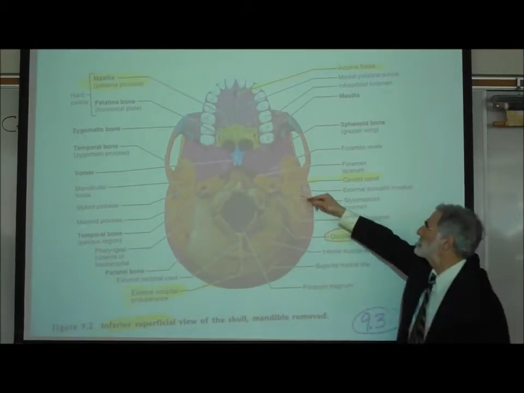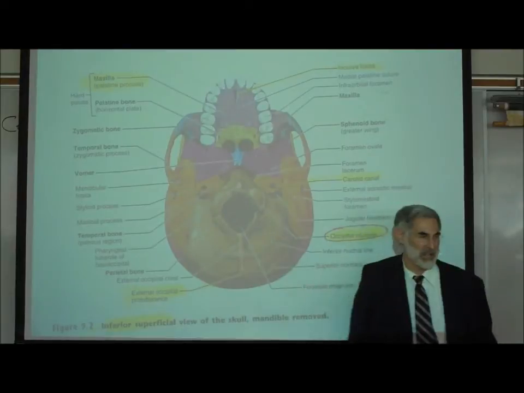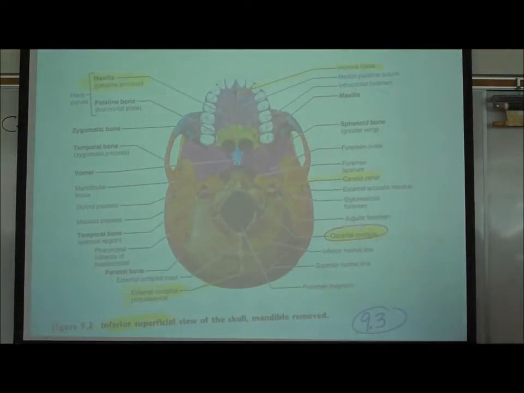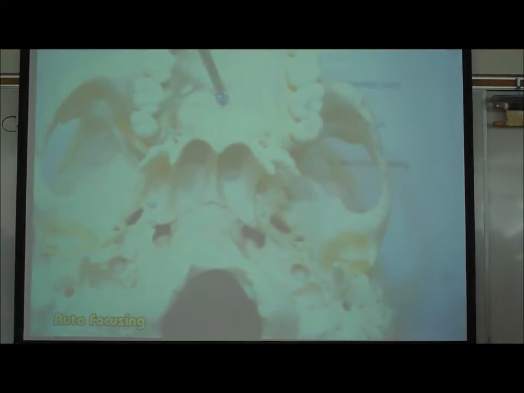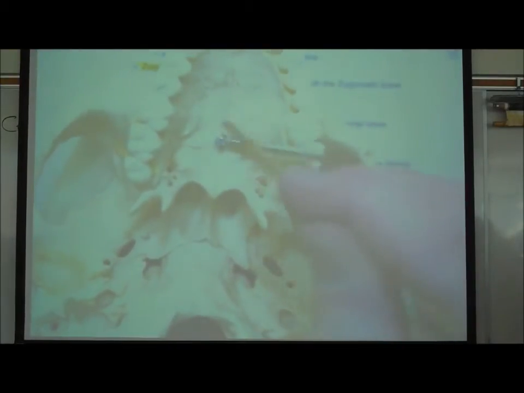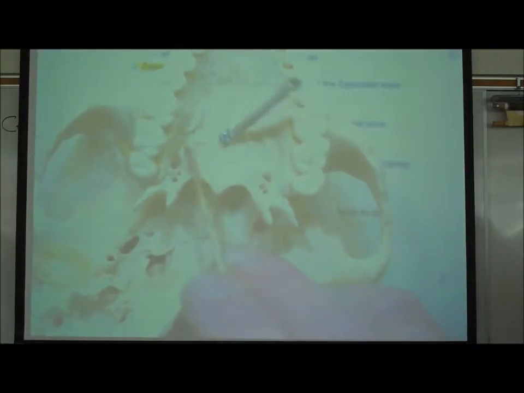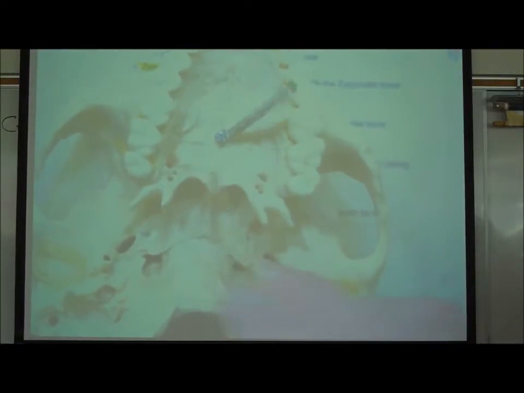So that forms the posterior part of the palate. On your skull, this is the palatine process of the maxilla. Here's a suture line. This is the palatine bone. And these rough edges right here and here, this is the pterygoid process of the sphenoid bone.